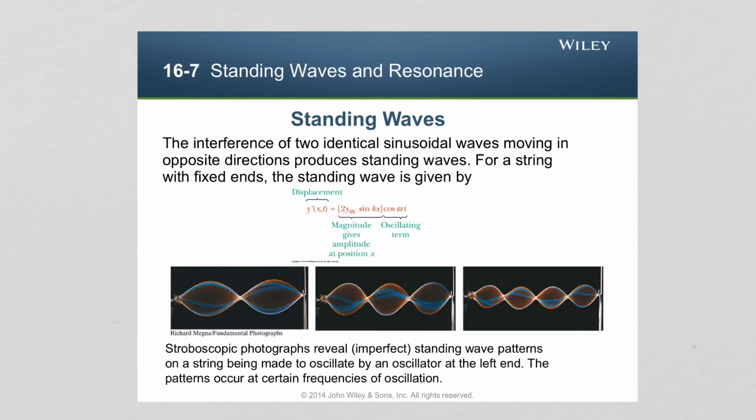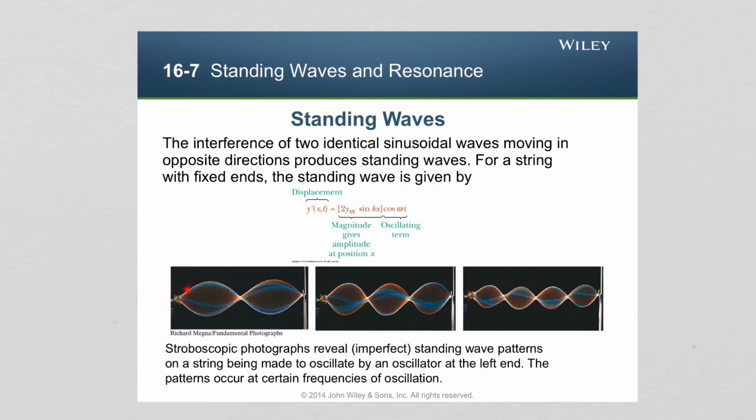So when two identical sinusoidal waves, identical meaning they have the same amplitude, move at the same speed, and so on and so forth along the rope, when those two identical waves meet along the rope, the picture that is produced is called a standing wave. So the wave pattern on the rope remains constant with time. And so here's an example of standing waves.